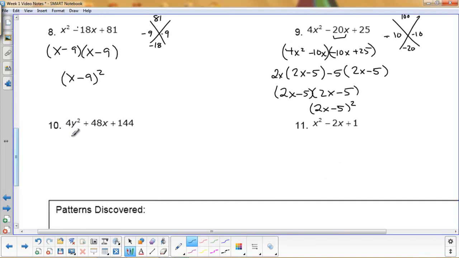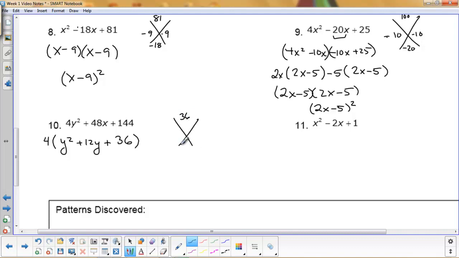At first glance, you'd say, man, I got to use those big numbers, but I don't because it's a GCF of 4. That's going to leave me y squared plus 12y plus 36. Then it becomes a very simple mental math factoring problem.